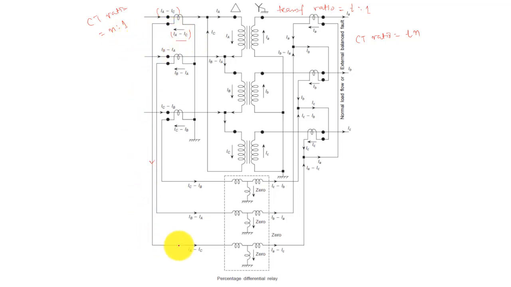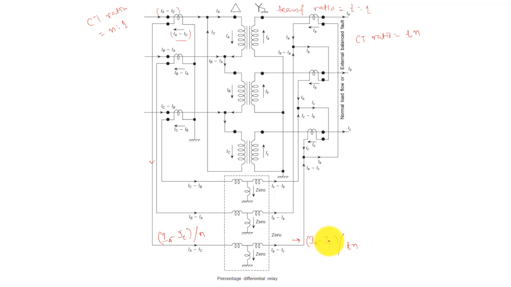It will become Ia minus Ic by n, and in this path the current will be Ia minus Ic by Tn.